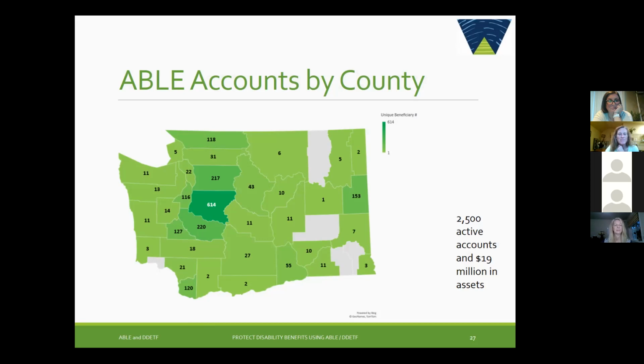Spokane is pretty good as well. Sorry, I'm looking at a very small screen. Yeah, and there at the top in Whatcom County, you see it's 118, and this is a couple months ago. And so relative to your population, Whatcom County's got a really good enrollment rate for Able accounts. Very good. Yep. Which is awesome.